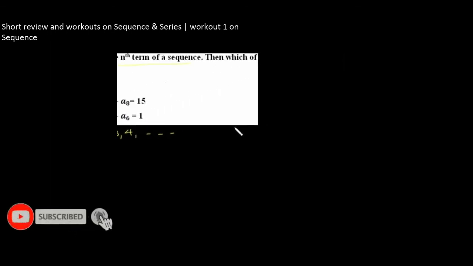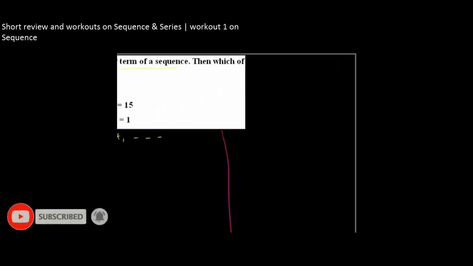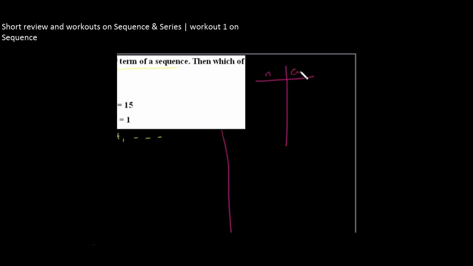To do so, let us see different values of n and the values of cosine of n pi on the other part. Now let us see what happens. Cosine of n pi when n is 1, when n is 2, when n is 3, when n is 4, when n is 5, when n is 6.